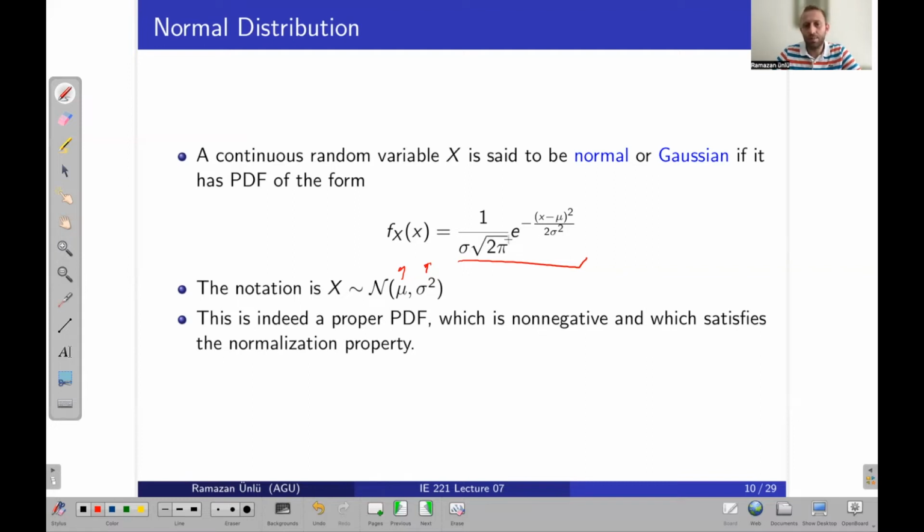If you look at this PDF, you will easily see that it is non-negative, because this is positive, this is positive, and this is squared, which is positive, so the result will be positive. Another, and maybe the more important one, is that the PDF should satisfy the normalization property. Remember that accumulating all the probabilities should end up with 1. In other words, the sum of all possible probabilities will be equal to 1.